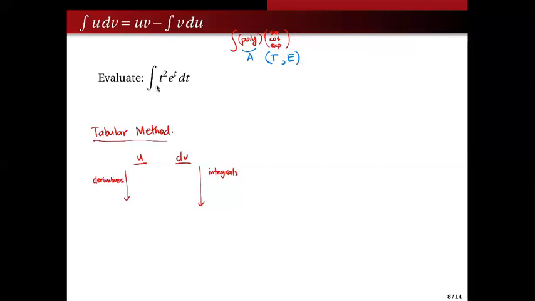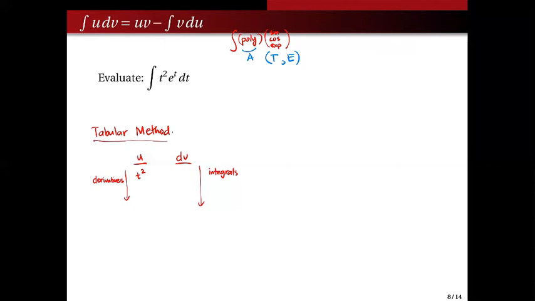Let's use this example. You start with that polynomial, t squared. What you do is differentiate this until you reach 0. This is polynomial, so there will come a time that the derivative will be 0.